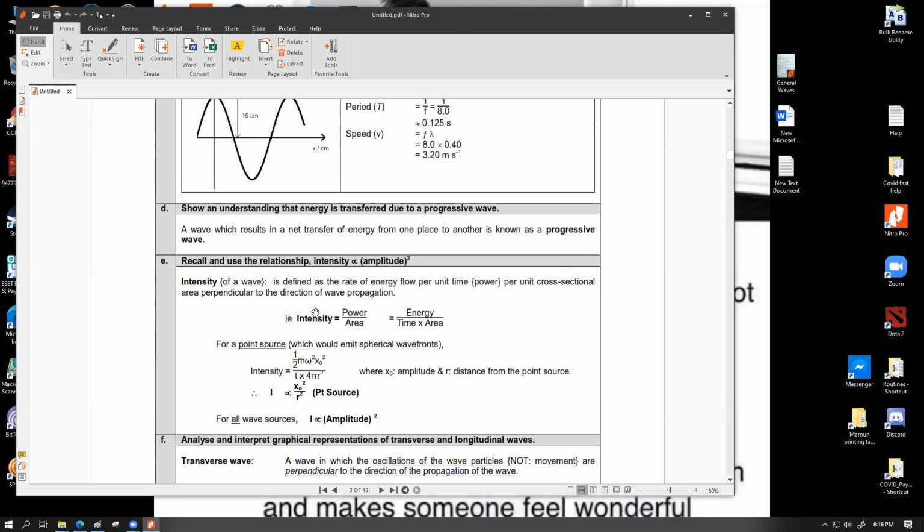Intensity equals power over area. So how much joule per second is traveling through 1 meter square area in the path of the wave, that is perpendicular to the direction of the wave?